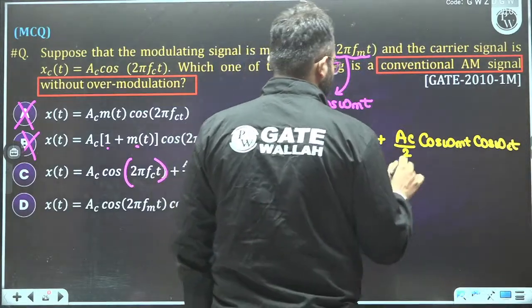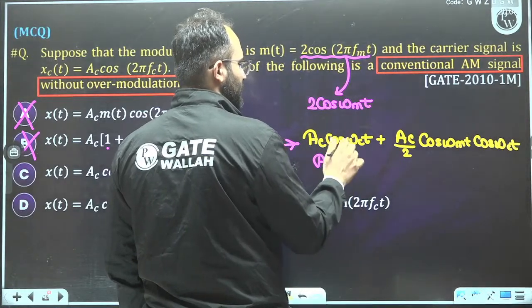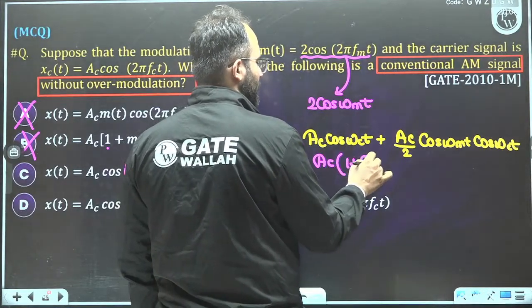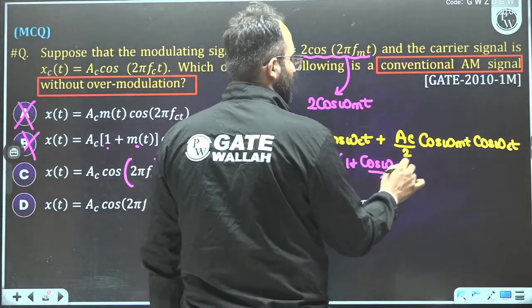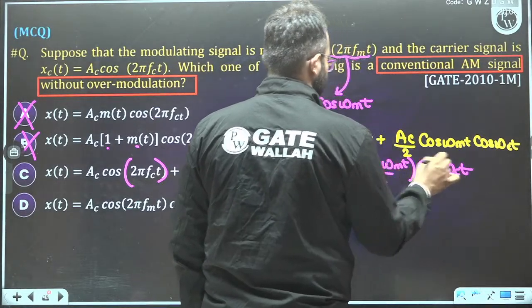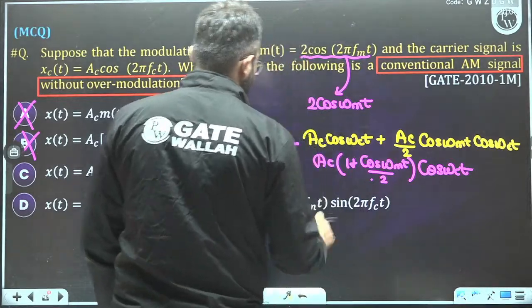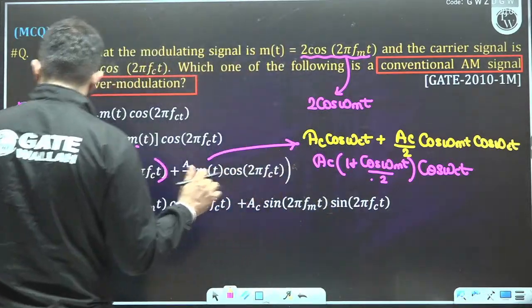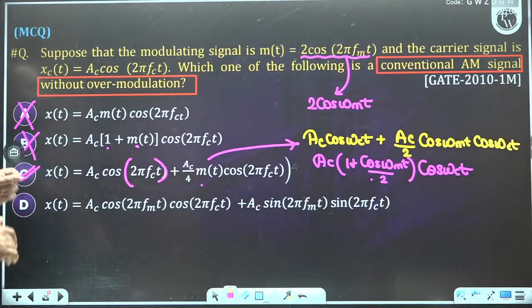Now here if we take Ac cos omega ct common, we'll get 1 plus cos omega mt divided by 2, times cos omega ct. So here we can see that we have a 1 by 2 term with the cosine wave, and the modulation index will be 1 by 2, and thus this will be the correct answer. This is the AM signal with under modulation, that is mu, the modulation index, is 1 by 2.